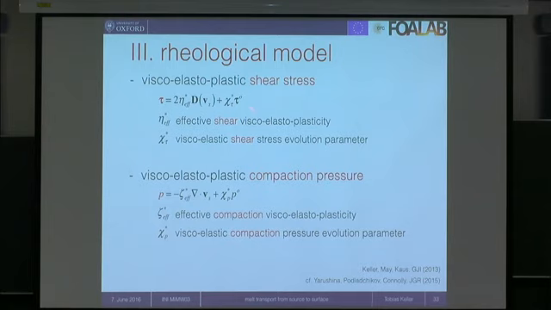So this is an elastic stress update, and here is the same equivalent for compaction pressure. And these effective viscosities and these stress and pressure build-up parameters can be found as a function of the normal viscous viscosity, the shear modulus, and additionally those failure criteria.